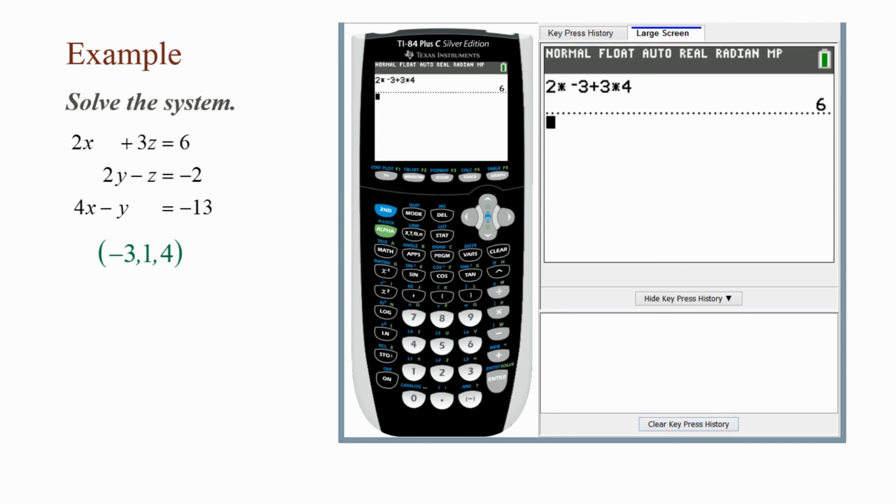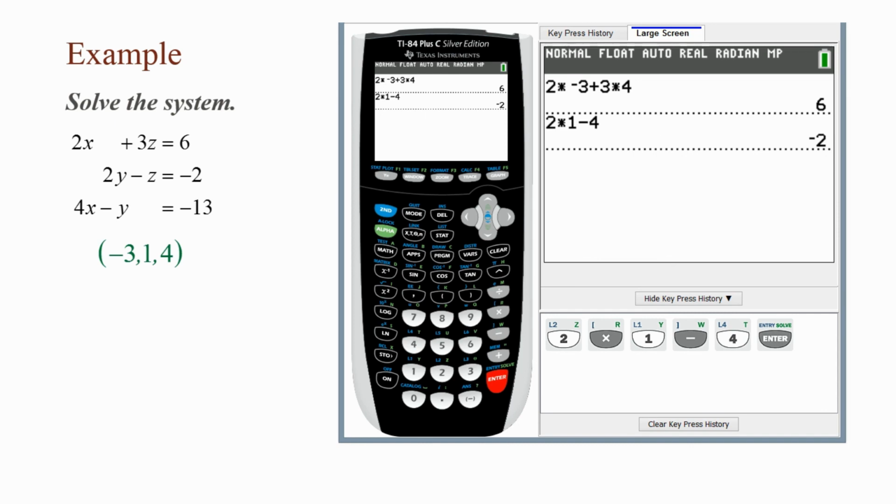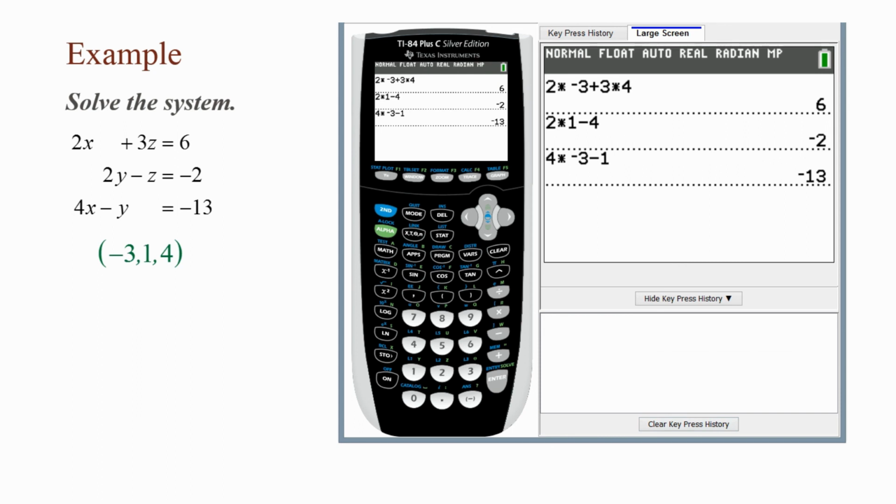With our second equation, 2y minus z equals negative 2, 2 times y, which is 1, minus z, which is 4, should equal negative 2. Our last equation, 4x minus y equals negative 13. We have 4 times negative 3, which is our x, minus our y, which is 1, and that should equal negative 13. Our ordered triple does work for our system of equations.